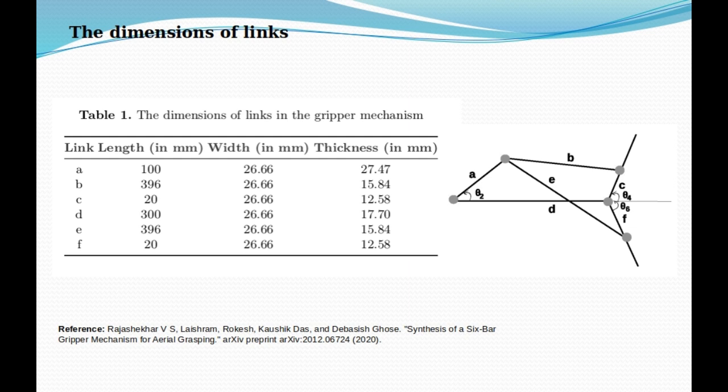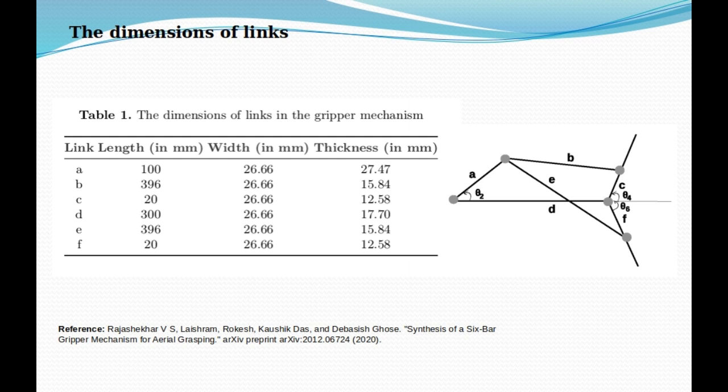The dimensional synthesis was done in that work, called Synthesis of a 6-bar gripper mechanism for aerial grasping. The link lengths, link width and link thickness of the 6 links were generated using a geometric programming method, which is dealt with very well in the reference given below.